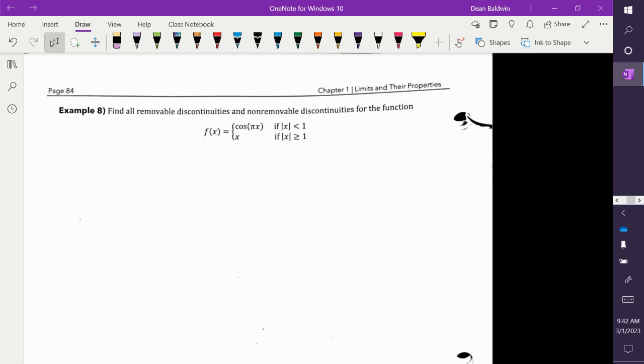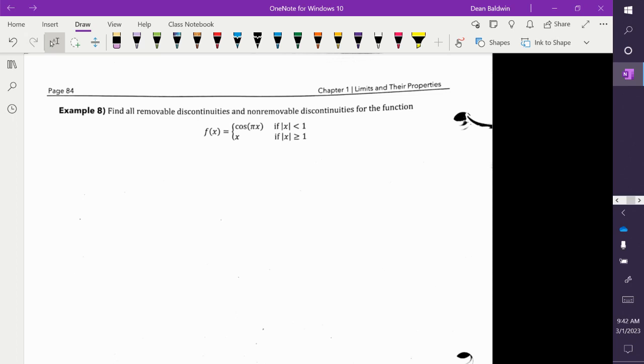No. They're just defining it that the absolute value of x is less than 1. So it's going to be a... No. Let's pull up the graph.